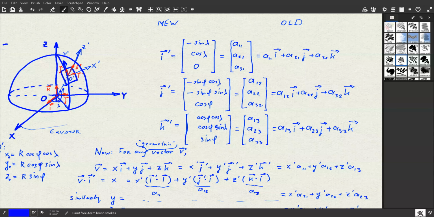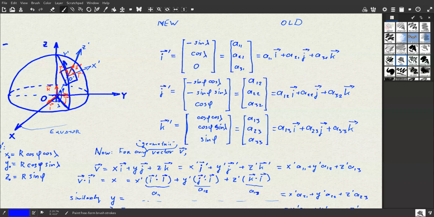Now j prime is pointing due north. So its projection to the xy plane is collinear with the projection of the radius vector. It is this one which I'm pointing out right now. But pointing due north, it is actually of opposite direction to the projection of the radius vector.